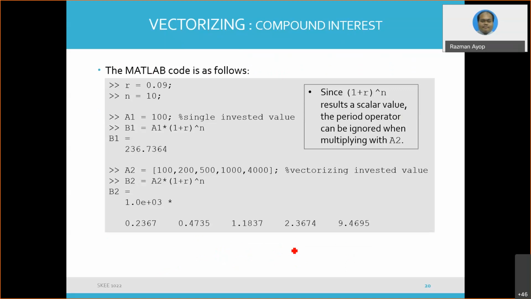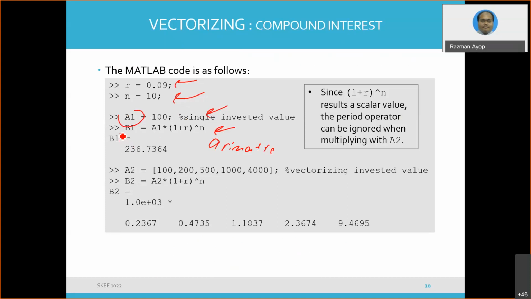How to do this? First, you have to insert the constants, which are the interest rate and the number of years. This one is the single investment value. Basically you just multiply them together. This is just arithmetic, one single value, and your answer will also be a single value.